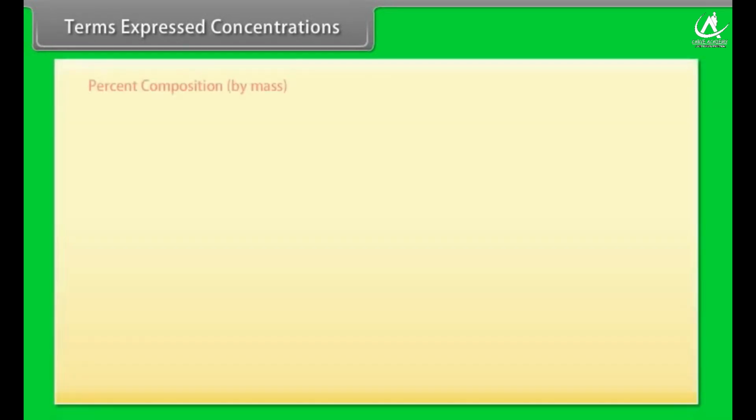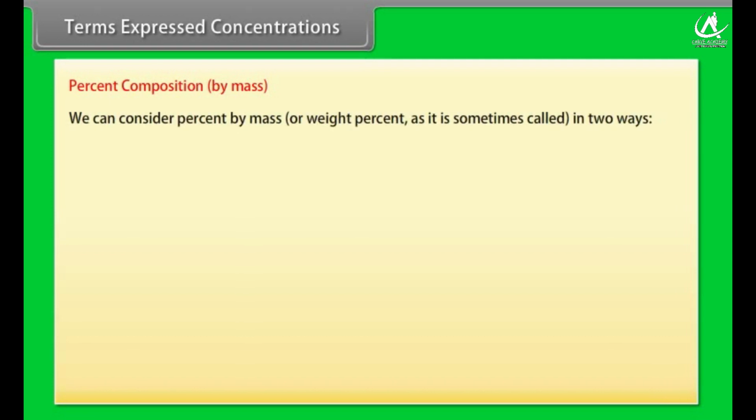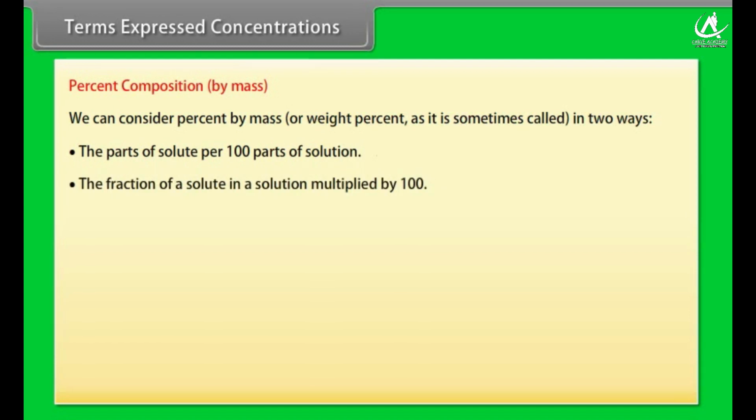Terms expressing concentrations. Percent composition by mass. We can consider percent by mass, or weight percent as it is sometimes called, in 2 ways: the parts of solute per 100 parts of solution, or the fraction of a solute in a solution multiplied by 100.